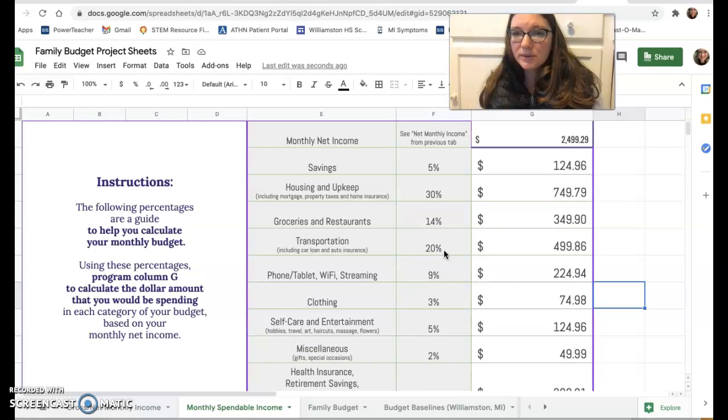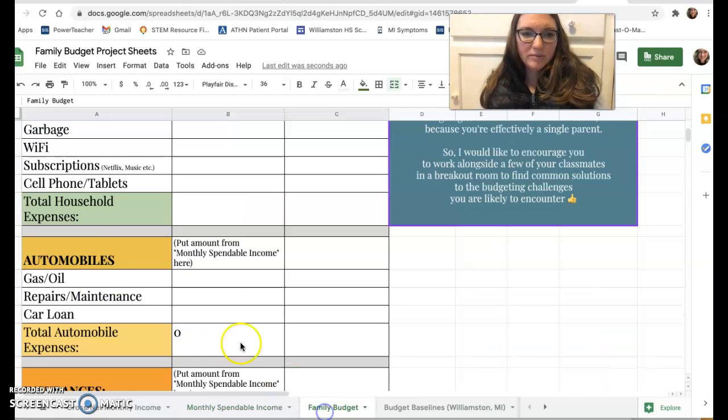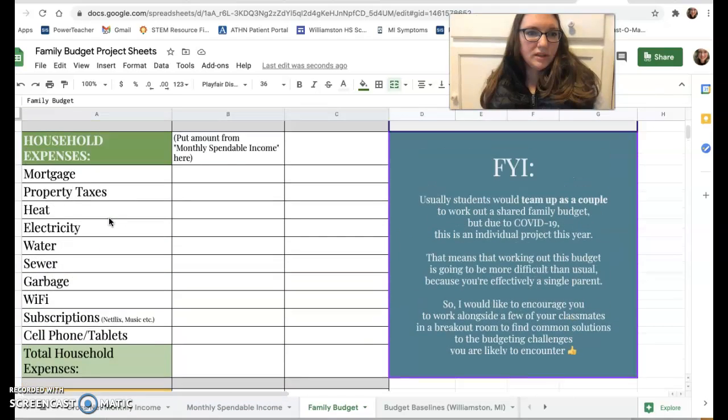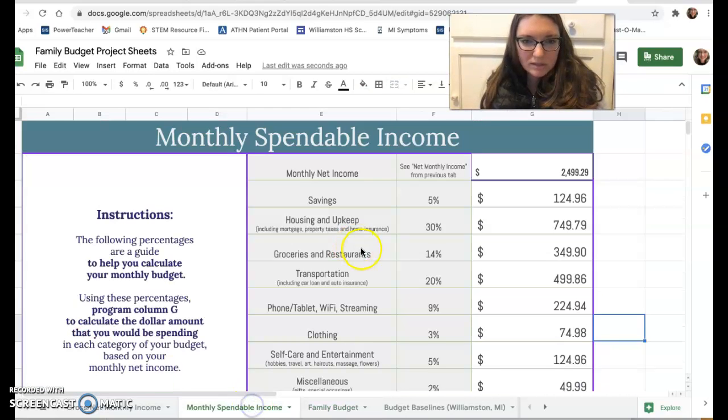Something that might be helpful is you could color code within the family budget. Sometimes these household expenses, like the Wi-Fi and subscriptions and cell phone tablets, are actually going to be part of the phone tablet Wi-Fi streaming section. So you actually have not just the $749.79 to spend on this section, but you actually have the 30% plus the 9% there to spend on those things.